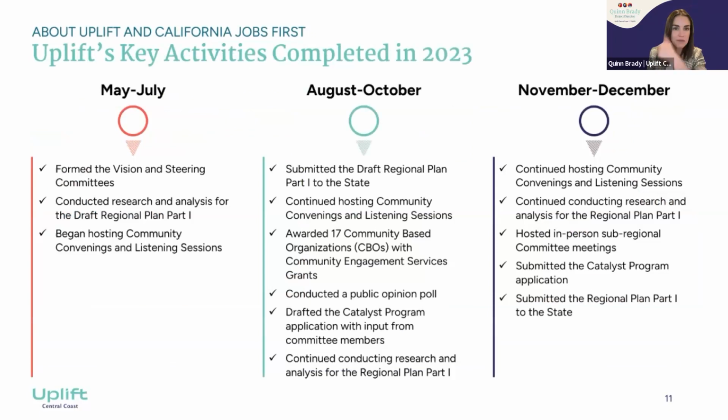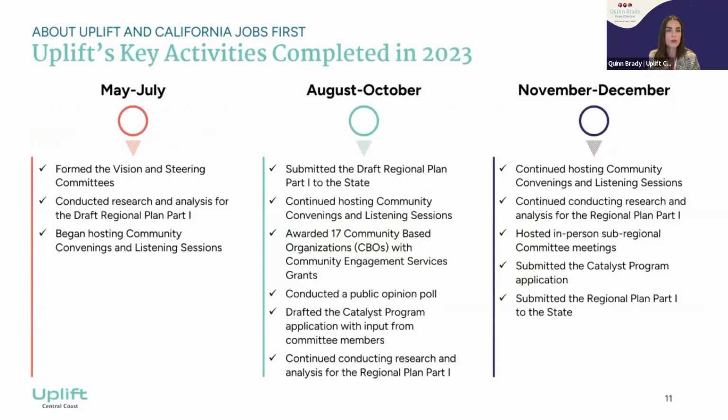And with that, I'm going to share just a little bit, super briefly, high level, and we're going to send out all of these slides for you afterwards, and the recording. But we've done a lot since we began. Really, June, July, we formed our committees and began some community engagement and began working on the regional plan that we're about to talk about. And over the fall, we submitted an application for catalyst funding for $14 million to continue this work and start to seed the work in our region.